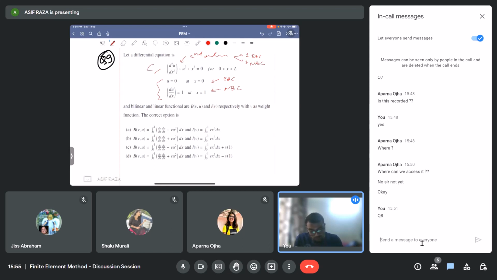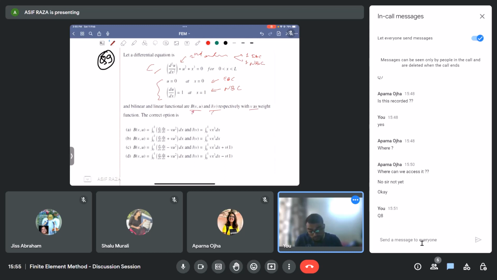We are given the differential equation, boundary conditions, and a bilinear and linear functional respectively, with v as the weight function. The correct option would be, so what would be my B(v) and L(v)?